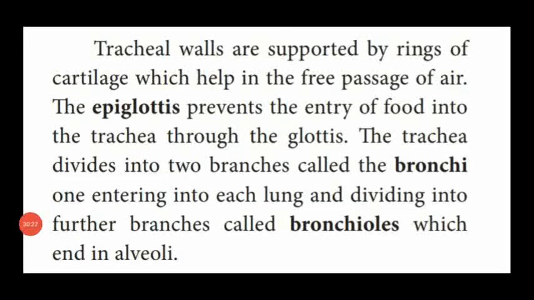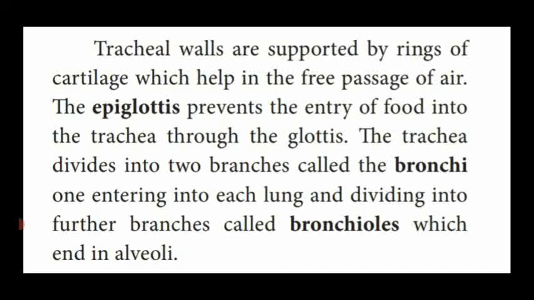Dear students, the windpipe or trachea is supported by ring-like structures called cartilage, which help in the free passage of air. Then a small opening called the epiglottis prevents the entry of food into the respiratory pipe through the glottis.